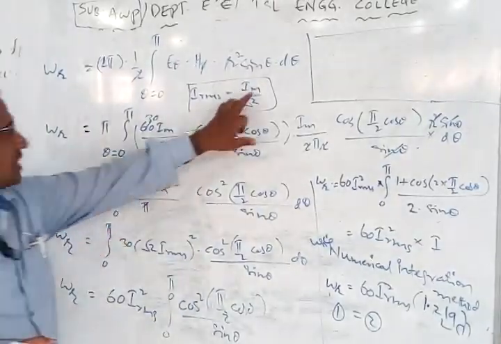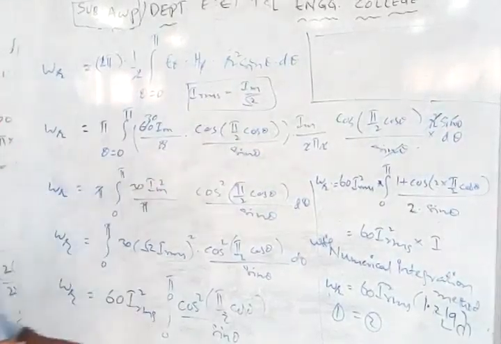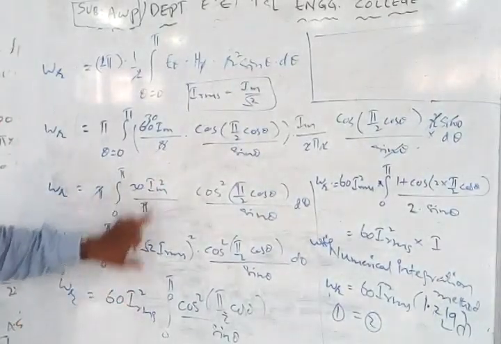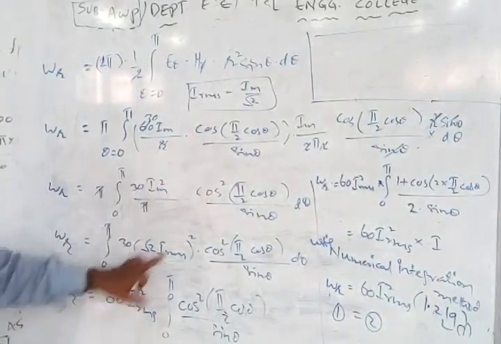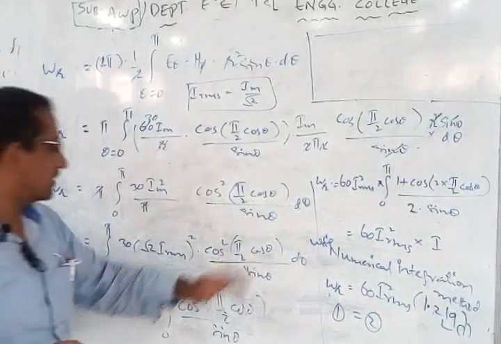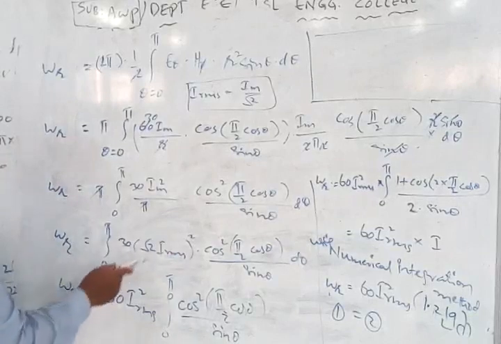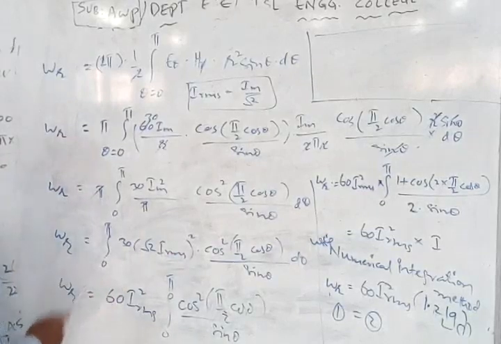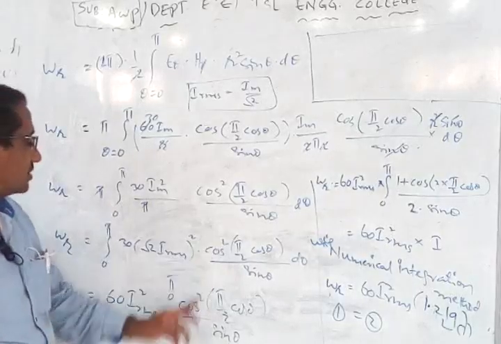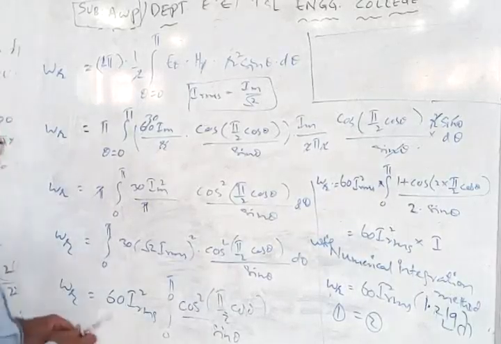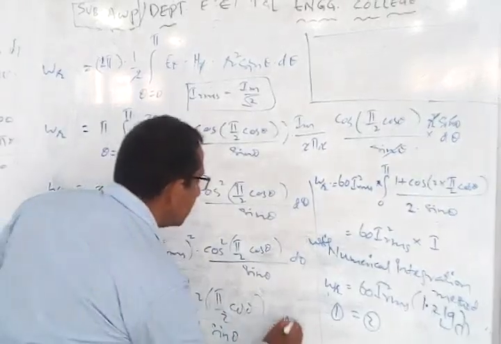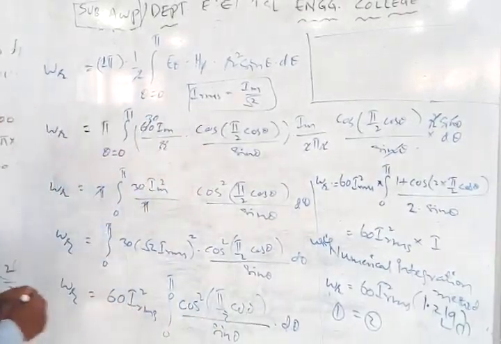So from this, Im is equal to I RMS times root 2. I write this as Im equals root 2 times I RMS, whole square. Rest of the things as it is. Root 2 whole square means 2, and 2 into 30 is 60. So we get 60 I RMS square times the integration of cos square theta by sin theta into d theta. Okay, that is the equation we get.